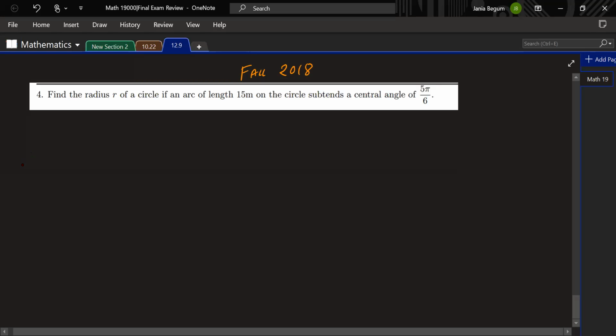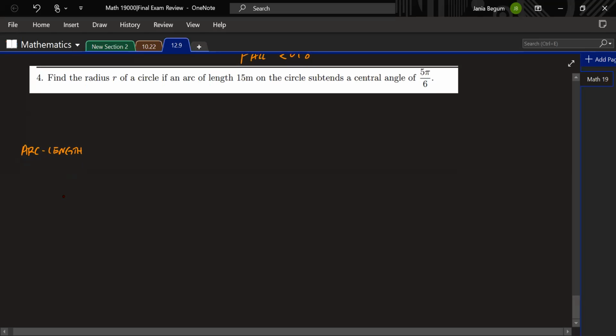So for arc length, or the length of a circular arc, you have the entire circle, which has a length that we call the circumference. It's going to be 2 pi r. You have some distance r, and the entire circle of 2 pi, so the circumference is 2 pi times r.